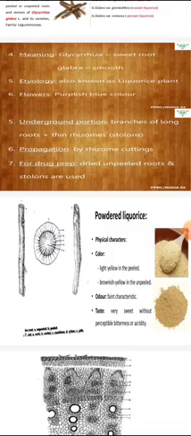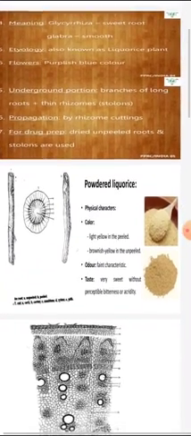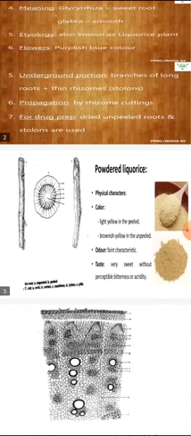Underground portion generally shows the branches of the long roots with thin rhizomes, or the stolons. Already, what is the meaning of stolon? So stolon is a part which runs above the soil surface and develops a new plant again.